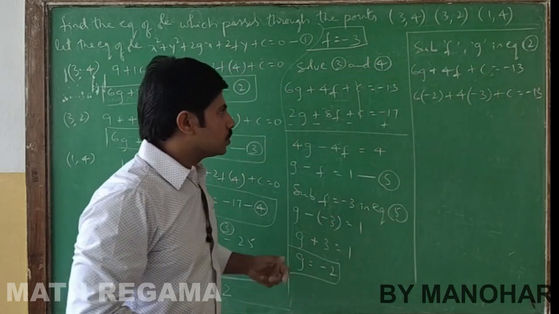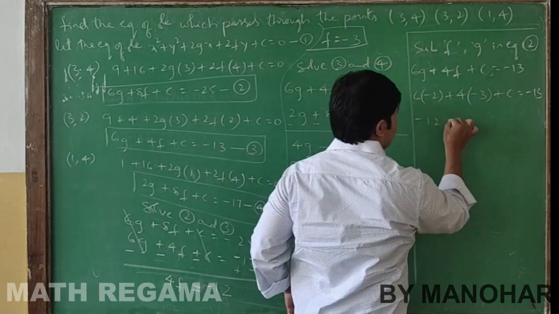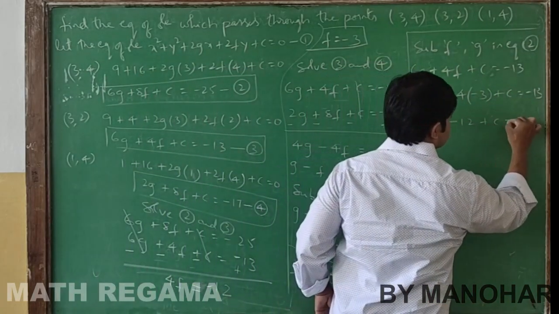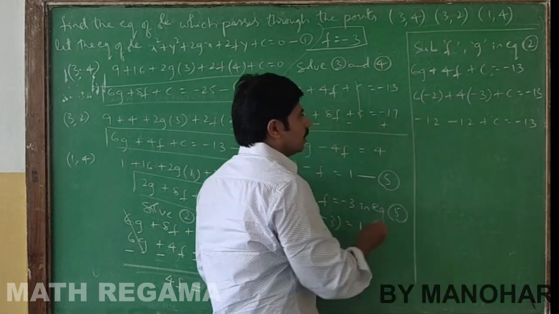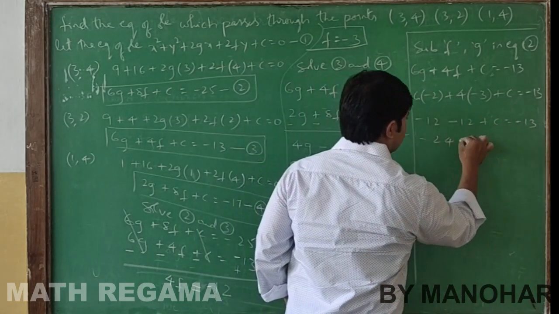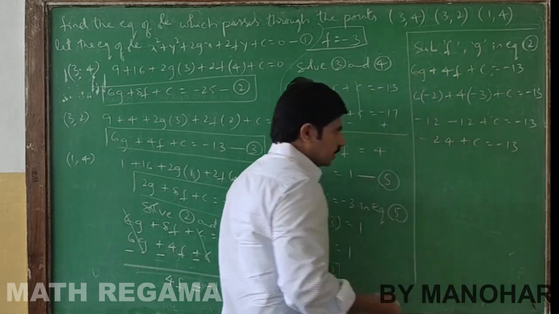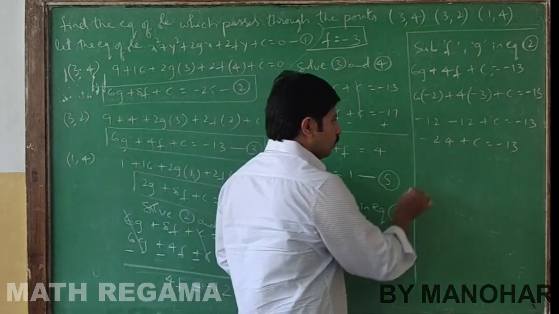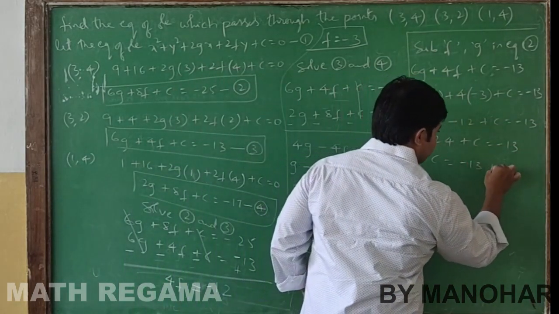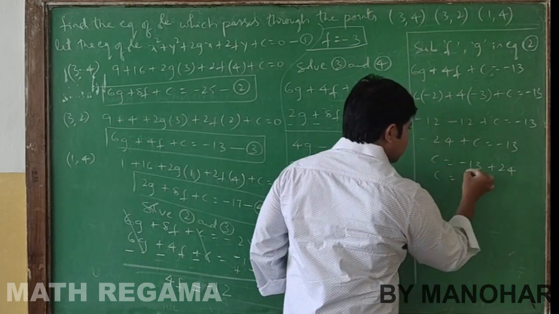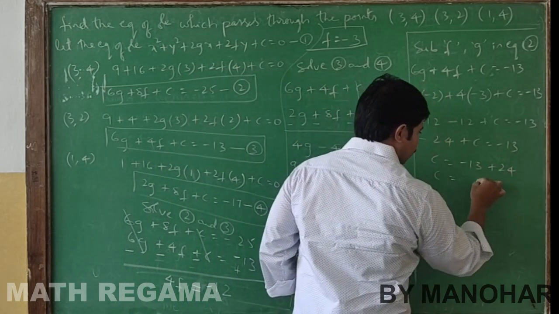So we get minus 12 plus c is equal to minus 13. So minus 24 plus c is equal to minus 13. So c is equal to minus 13 plus 24. c is equal to 11.